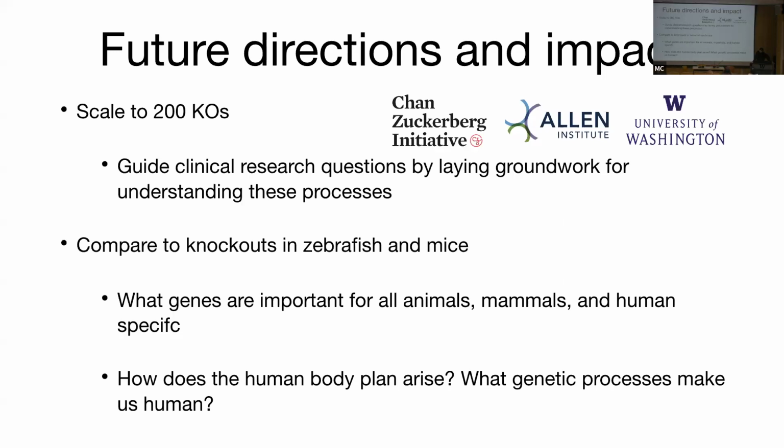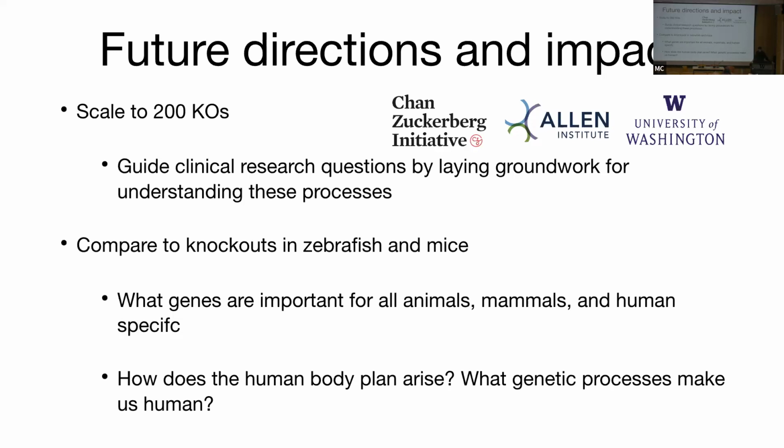Now for future directions, I'd like to use this system to scale up to 200 plus genes. And this will be in collaboration with multiple different labs, with funding from the Chan Zuckerberg Initiative, Allen Institute, and UW Labs.